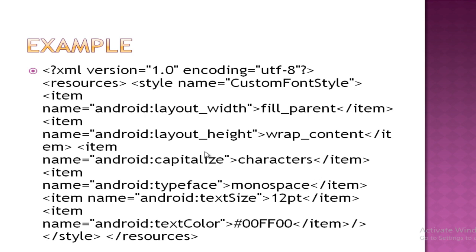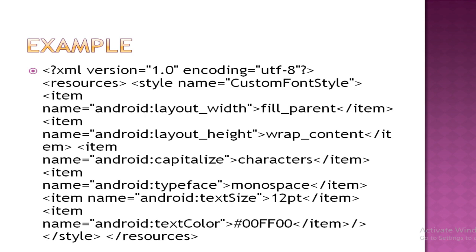There are a number of attributes associated with each widget, which you can set with different styles. Attributes can specify properties such as height, width, color, padding, font color, font size, background, font type, etc. So this is how we can define the style.